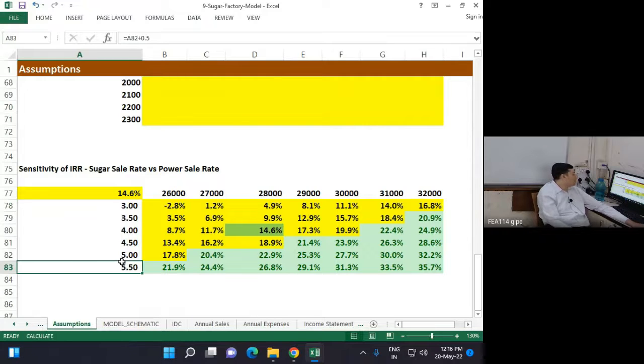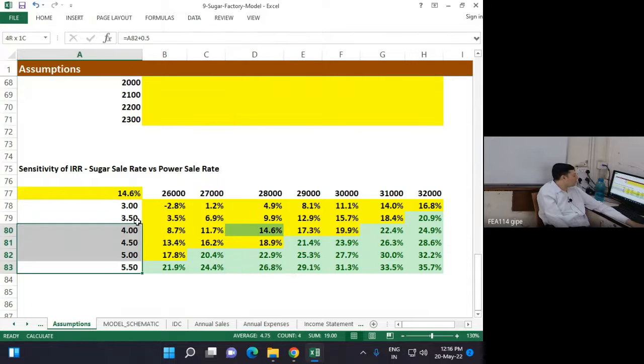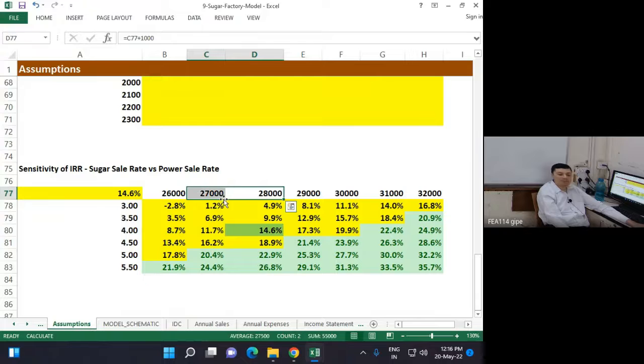Earlier, the power sale rates were much higher at 5 rupees, 5.5 rupees. So then the sugar factories had an easy go because even if sugar was not profitable, at least power was helping them to become feasible. But now that the power rates are going down, sugar factories are finding it fairly difficult to survive only on the basis of the sugar source of income.